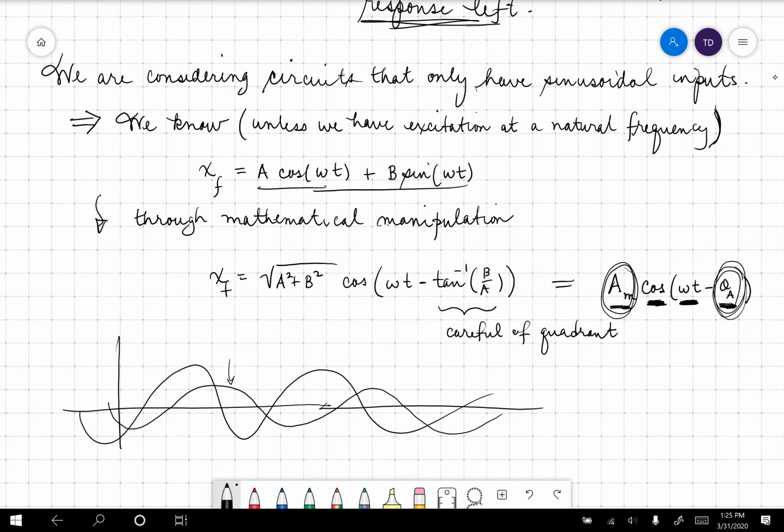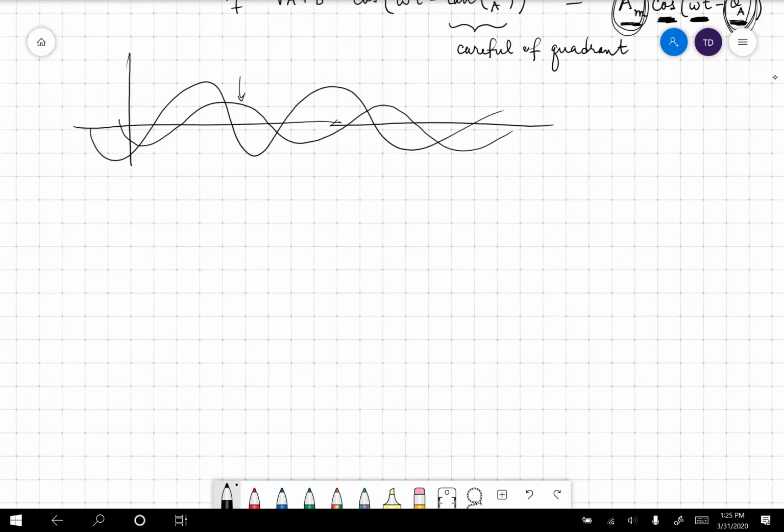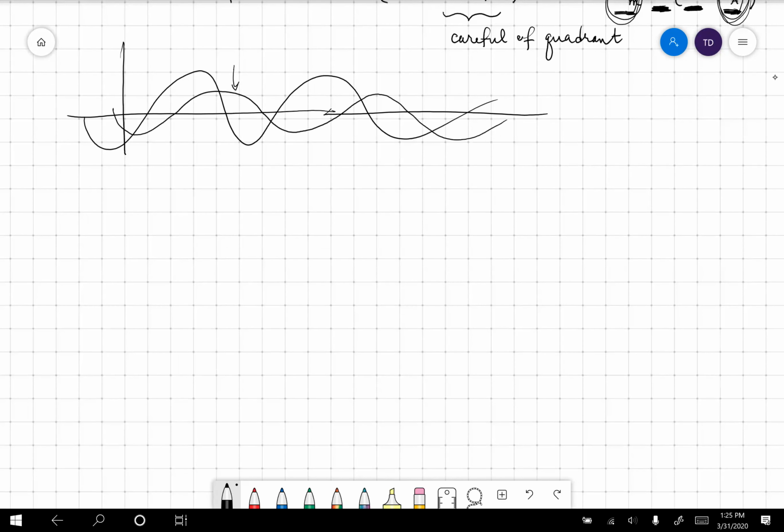That is what's going to happen for every current and every voltage in the circuit. That's pretty cool. Once we know that that happens, we can develop shortcut methods for solving these circuits rather than doing the differential equations. You saw how much math was involved in the differential equations when we had sinusoids, and it wasn't pretty. Let's first prove that statement up here.